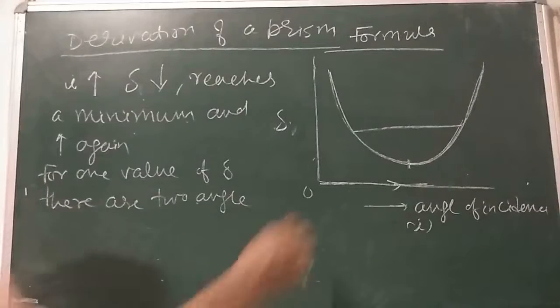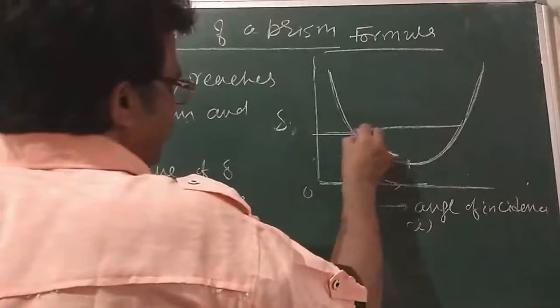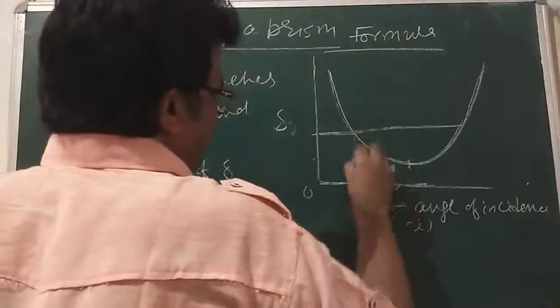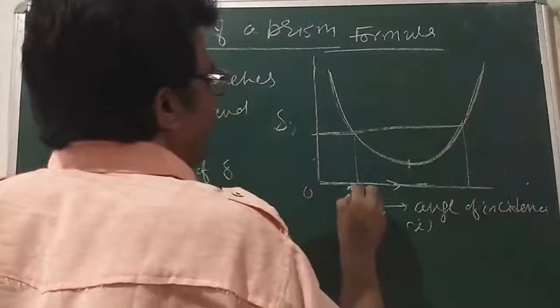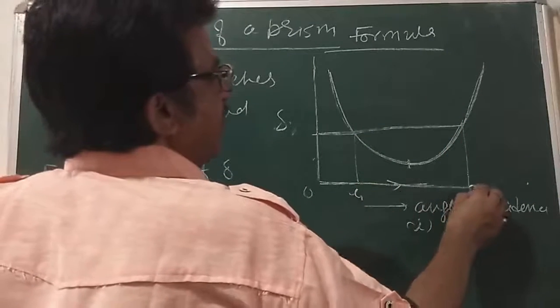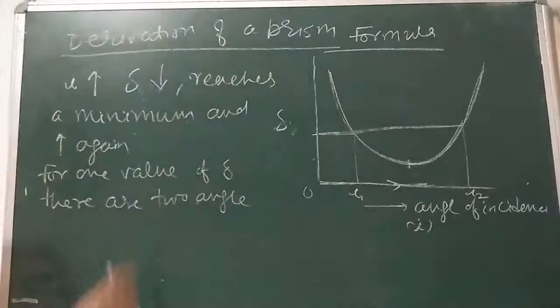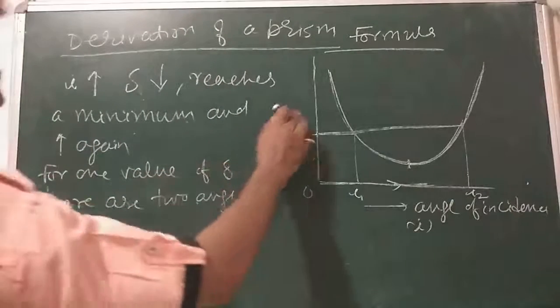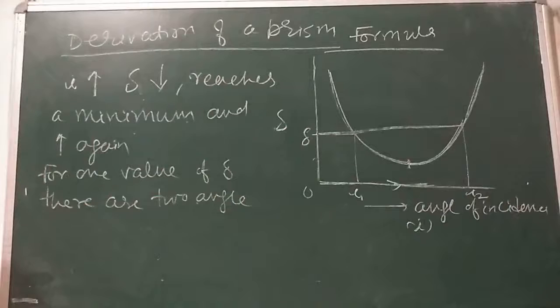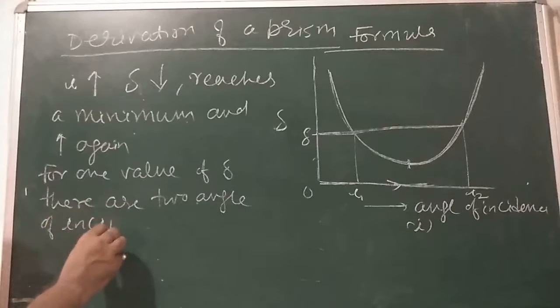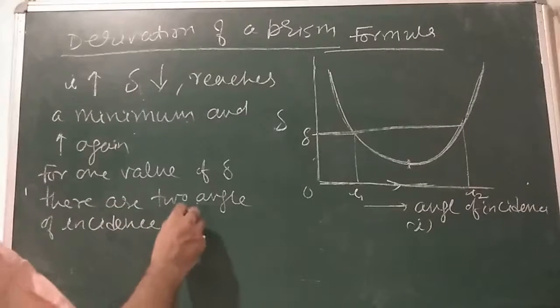For one value of delta, say this is the delta, the two values of angle of incidence are I1 and I2. For one value of delta, there are two angles of incidence, that is I1 and I2.